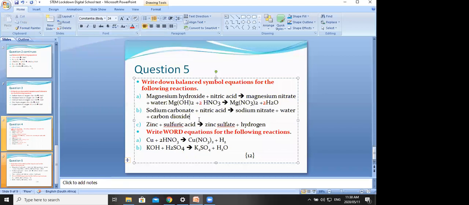You have sodium carbonate reacting with nitric acid to give us sodium nitrate plus water and carbon dioxide. So now, how do we represent sodium carbonate? NaCO. Plus HNO3.